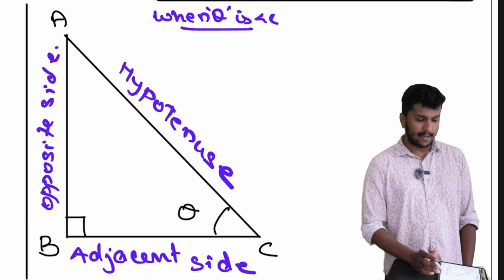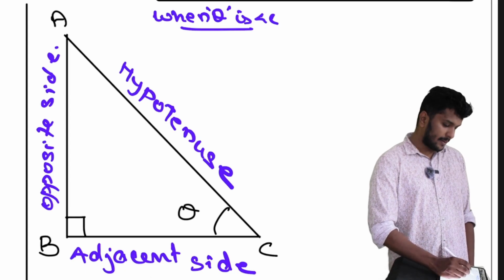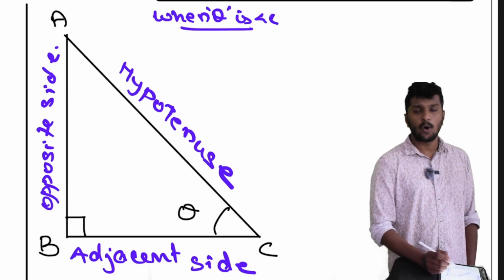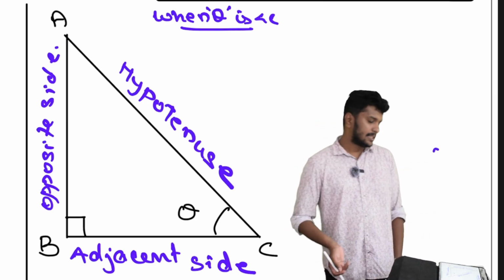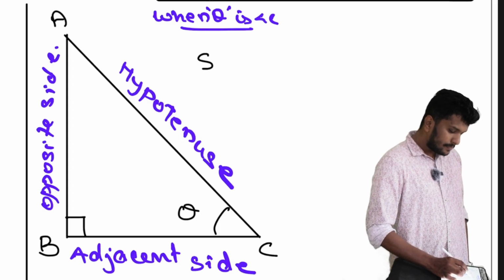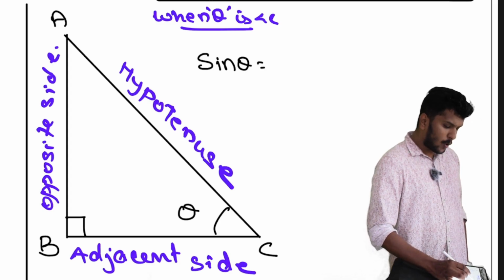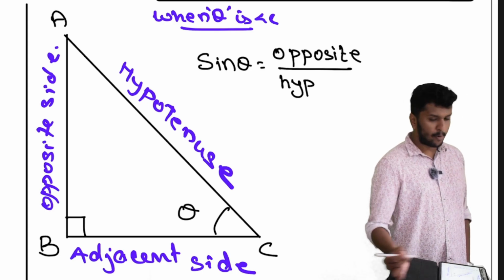When you look at the above triangle, you will need to know this. It's always better to learn it by heart. So the trigonometric ratios. Sin theta is always opposite side by hypotenuse.